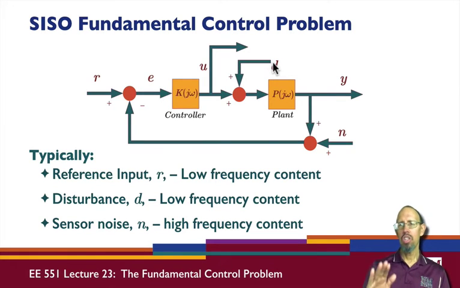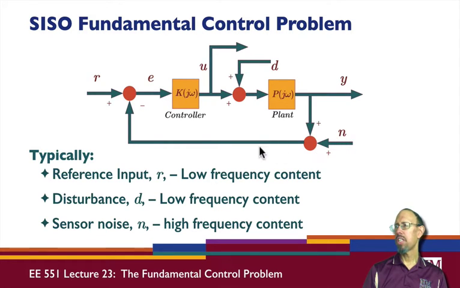When you're using cruise control, you're generally not on a very rough road doing a lot of crazy things. So the road is not going to change very quickly in terms of the force, and that's why we think of it as low frequency content. That's a typical example, but not the only possible one. Sensor noise, generally, we can consider to have high frequency content.